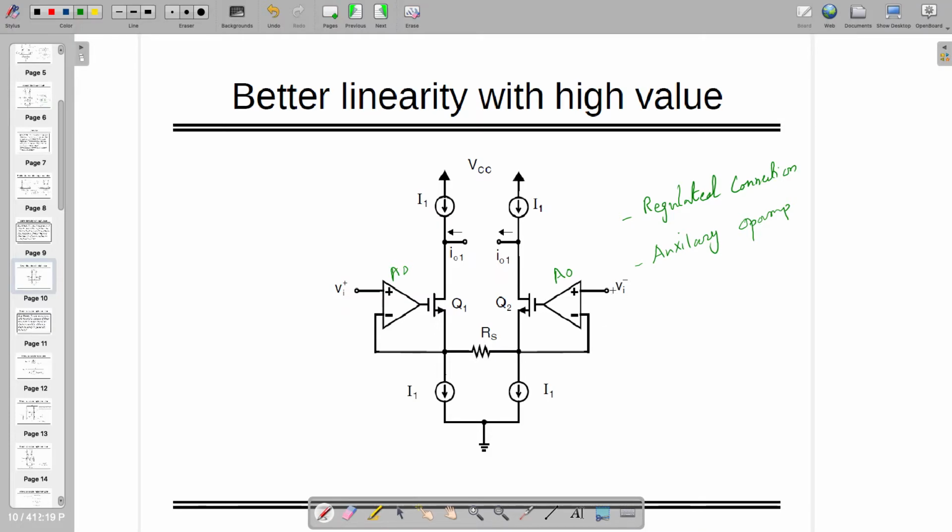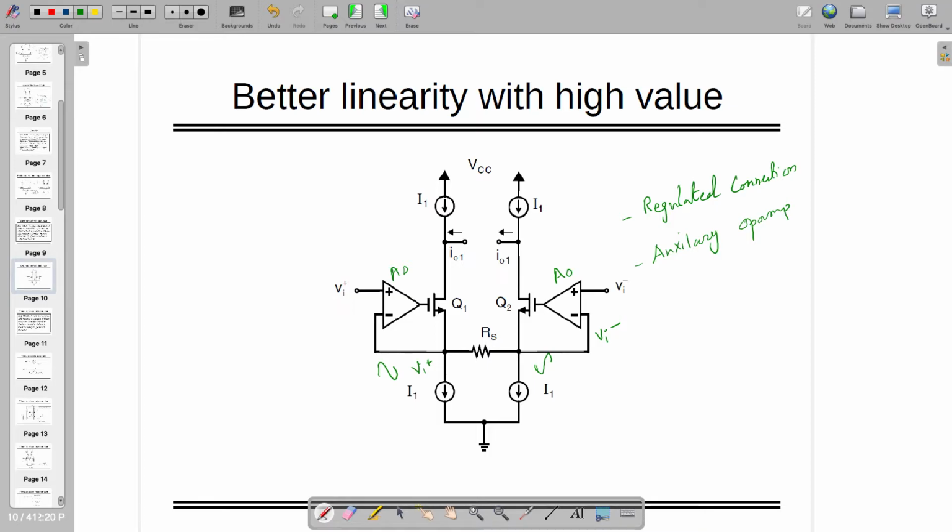The only thing is, whatever Vi minus you are giving, Vi minus will be here and Vi plus will be here, which are differential by nature. When I say differential, it means 180-degree phase shifted, right? This will make sure that this is a virtual ground in between, by Rs by 2, Rs by 2, right? This is going to work for your better linearity.